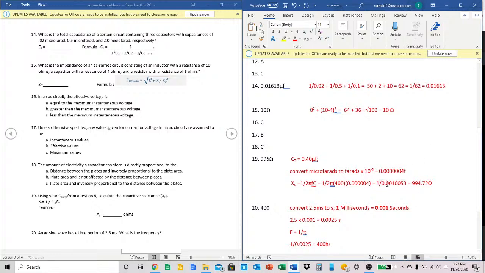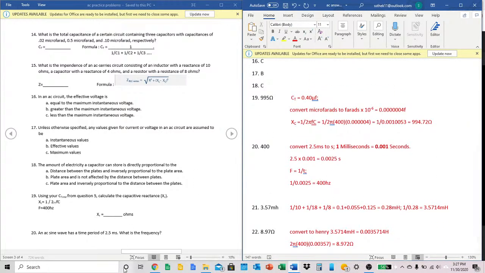You're going to divide 1 by 0.0010053, which gives us 994.72 ohms. And the answer key gives you a rounded answer of about 995 ohms as our capacitive reactance.